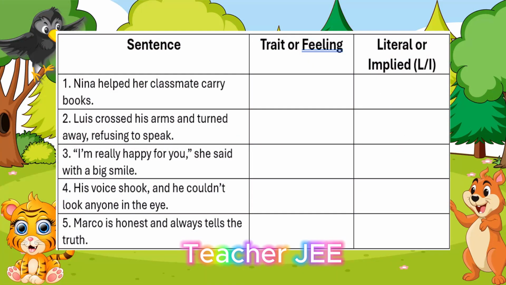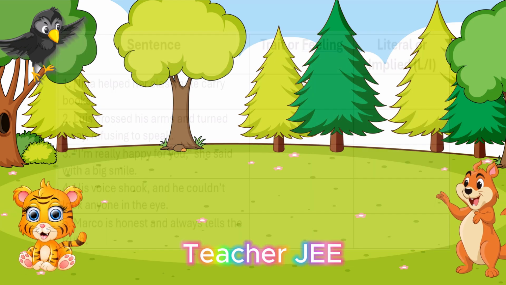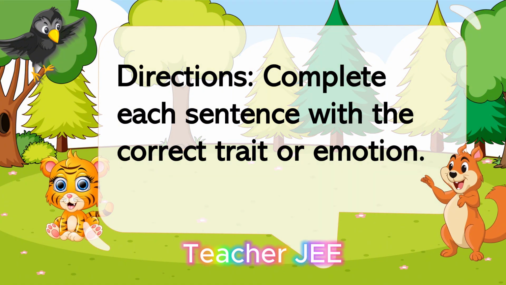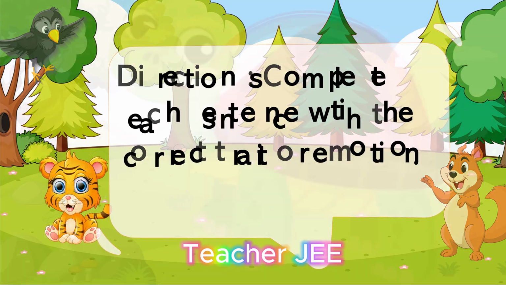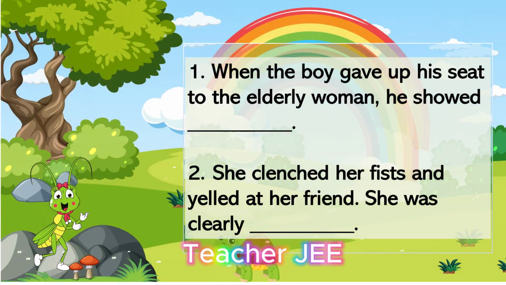You can use this table as your guide for answering. You can pause the video while doing so. Complete each sentence with the correct trait or emotion. You can pause the video while reading and answering.